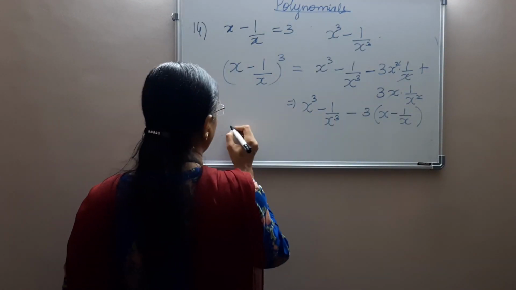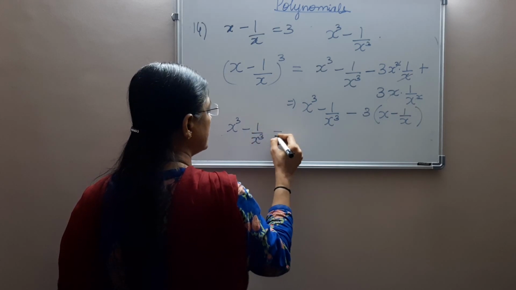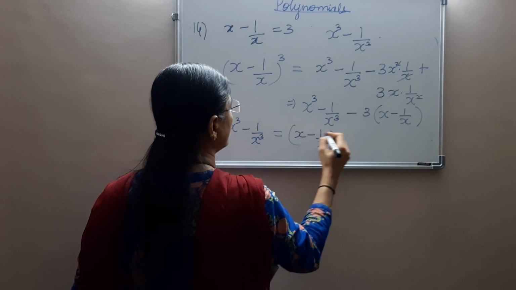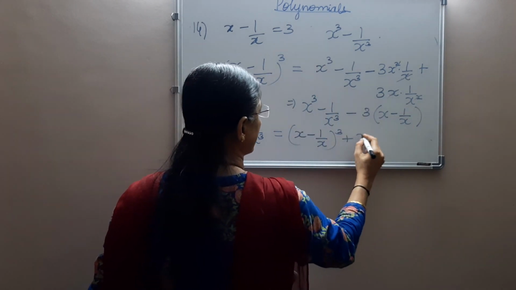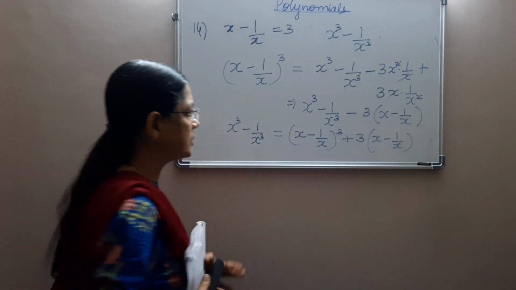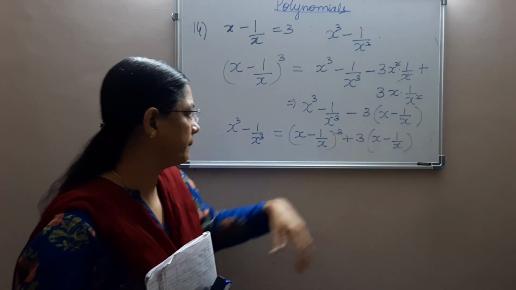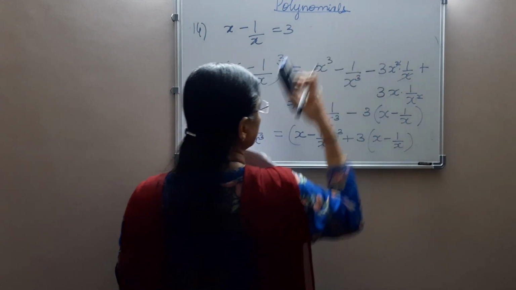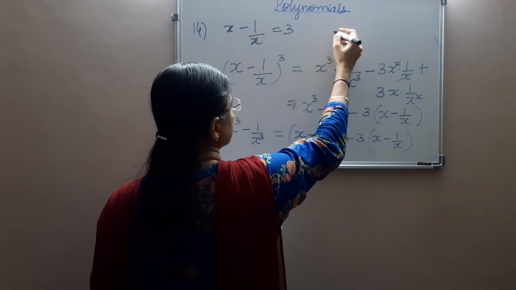Now I need only x cube minus 1 by x cube. So that is equal to (x minus 1 by x) the whole cube. I bring this 3 (x minus 1 by x) to this side. So plus 3 (x minus 1 by x). Now you just substitute the value of x minus 1 by x here and here. So what do you get? x minus 1 by x is 3, isn't it?